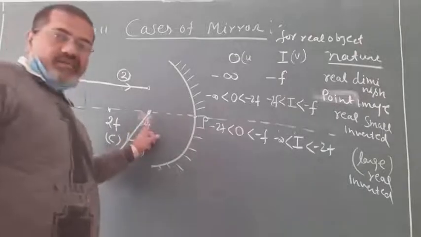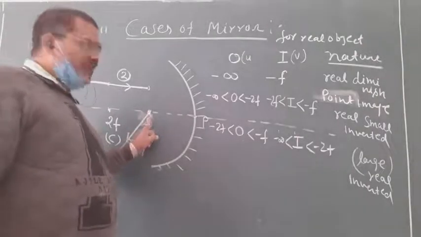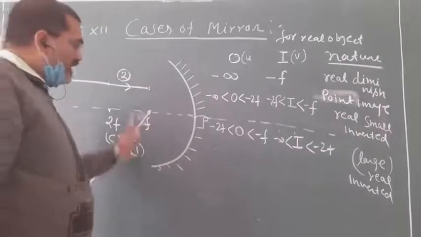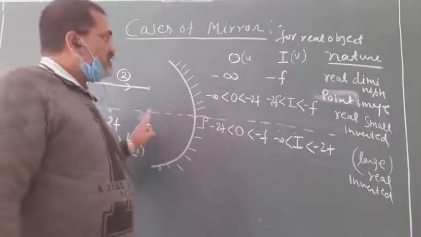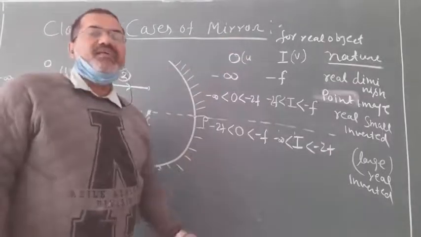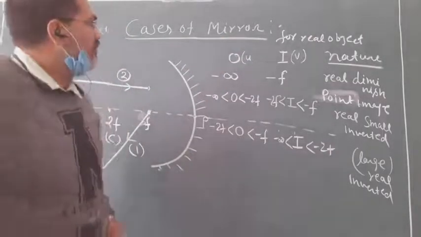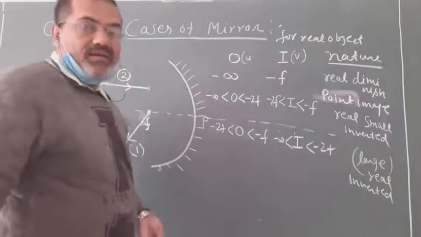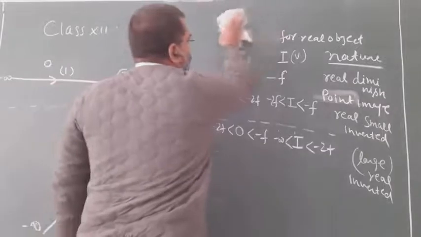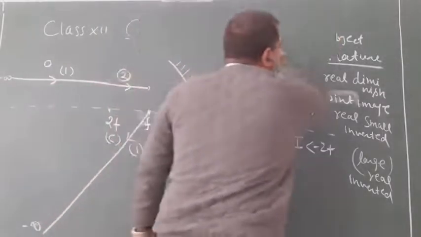And this is a very critical point. Just before f, image is at minus infinity, and just after focus, image will go to plus infinity. This is the case of asymptote, which we have discussed earlier in the class lecture.